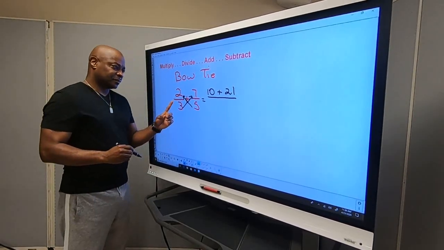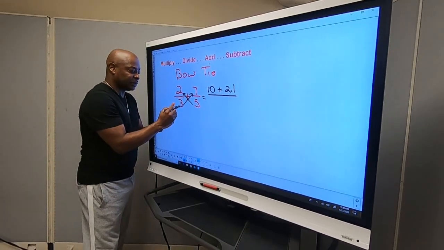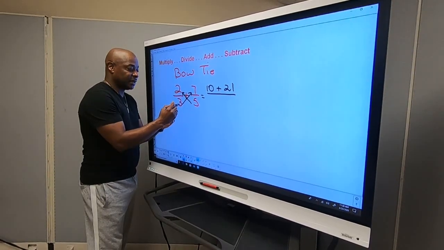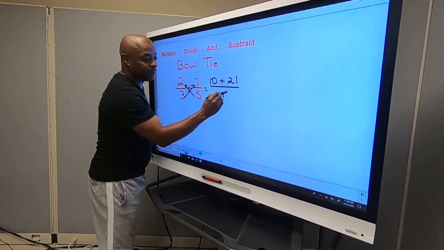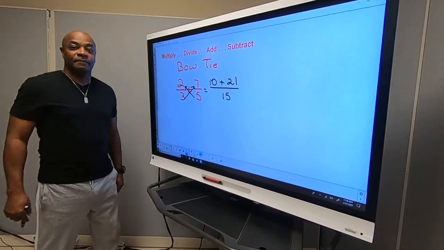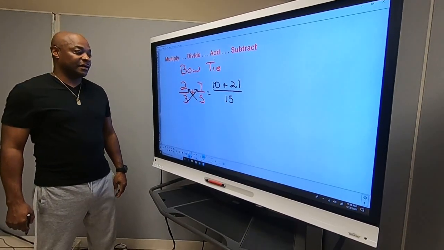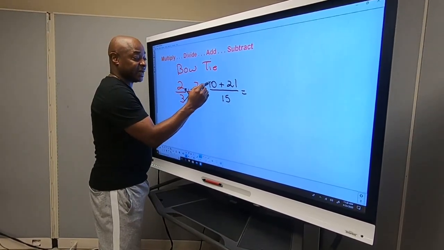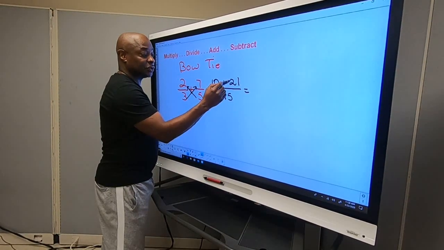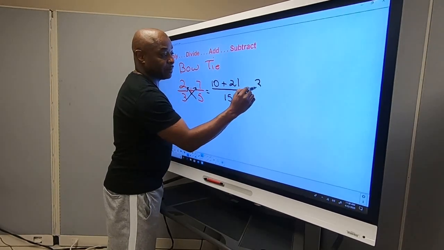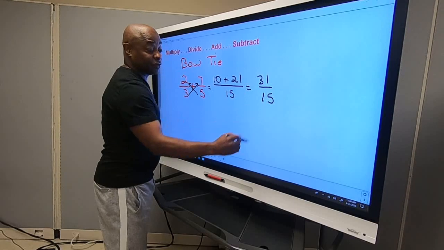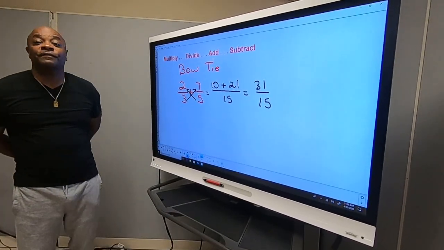Now, I'm going to multiply my denominators together, which is 3 times 5 will give me what? 15. Now, the only thing I have to do here is add 10 plus 21 will give me what? 31. My denominator stays the same, which is 31/15.